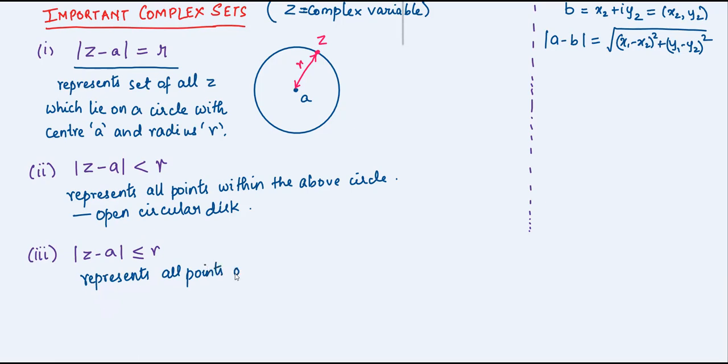So all points on and within the circle. So this is called the closed circular disk.